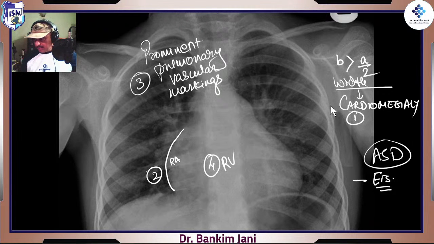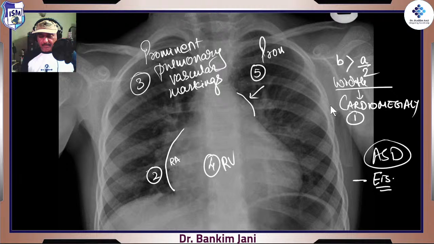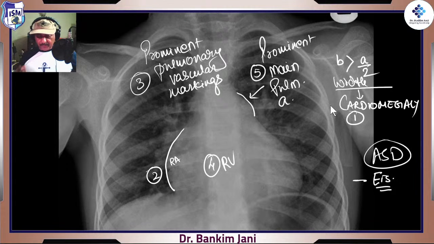So you have got these 1, 2, 3, and 4, and one more, and this is that there would be a prominent main pulmonary artery. So these are the major findings of ASD.